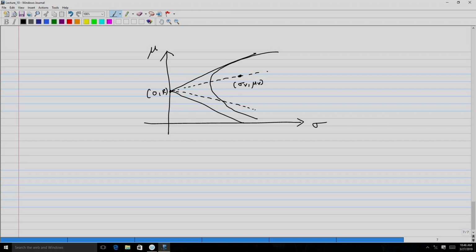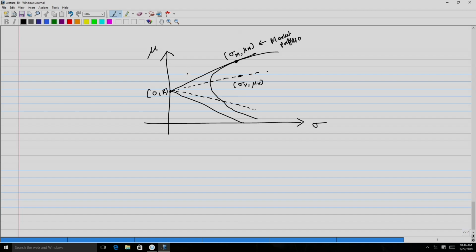And here this particular portfolio, which is at the point of tangency of the parabola and this particular line here, will have a return and risk which are denoted by sigma m mu m, and this is what we will know as the market portfolio.